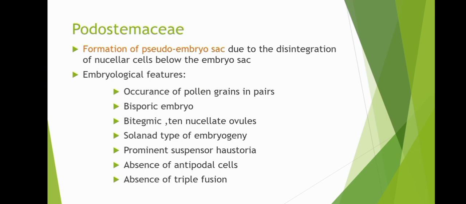and its embryological features are identified as the occurrence of pollen grains in pairs, bisporic embryo sac, bitegmic or tenuinucellate ovules, solanad type of embryogeny, prominent suspensor haustoria, absence of antipodal cells, and absence of triple fusion.